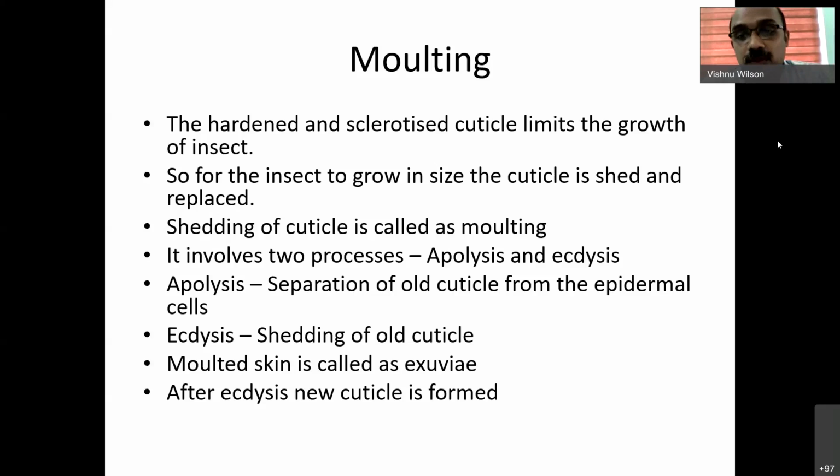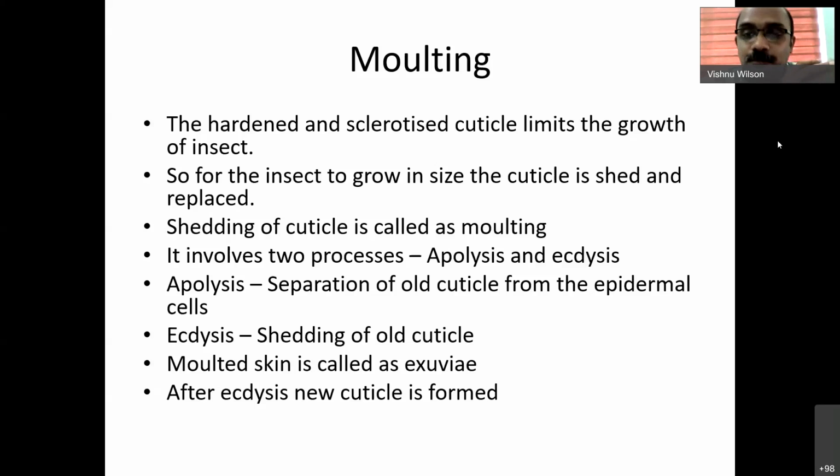Then we discussed the first morphological part, the insect integument. We discussed various layers of the integument, the major component, that is chitin. Then we discussed the appendages or cuticular outgrowths of the insect body.